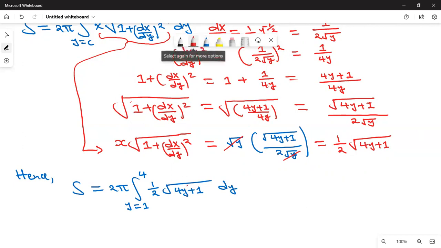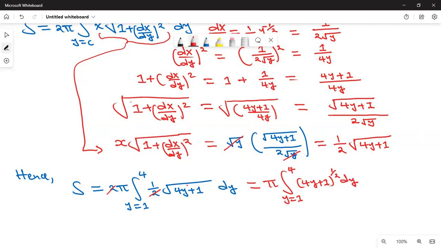You see, 2 and this other one will cancel. So this is the same as pi outside, the integral from y equals 1 to 4 of (4y plus 1) raised to 1 over 2 dy.